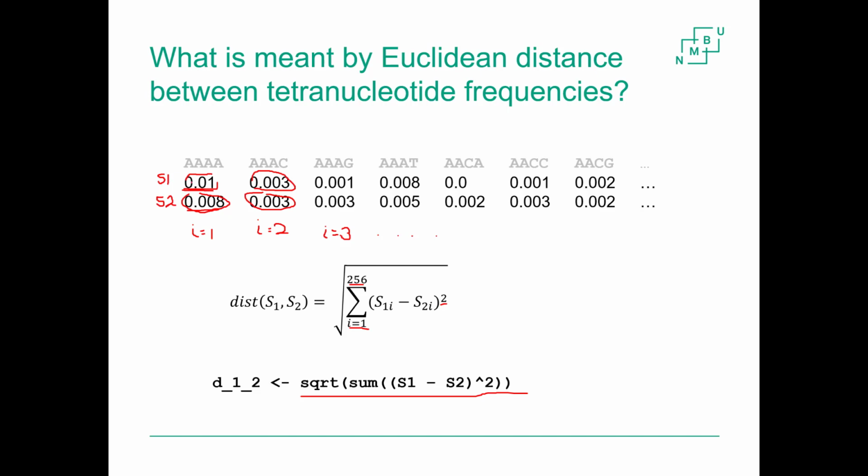So if two rows here have almost the same values, the distance becomes small, right? But if the values vary, if the first row has small values and then big values, and the second one has first big values and then small values, then the differences become big, right? So then the distance becomes big.